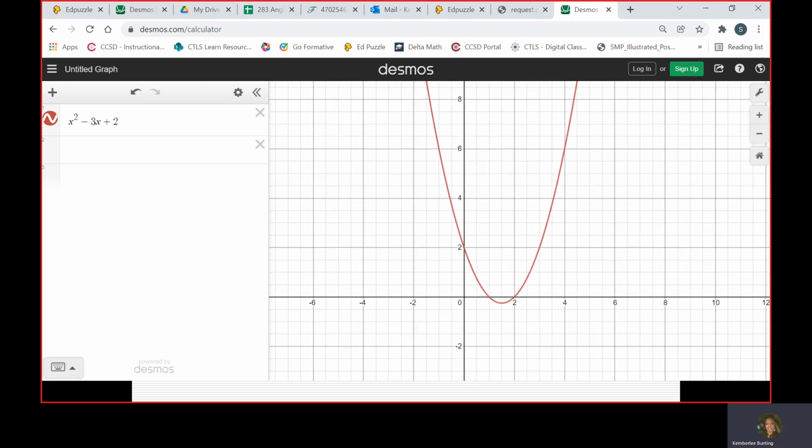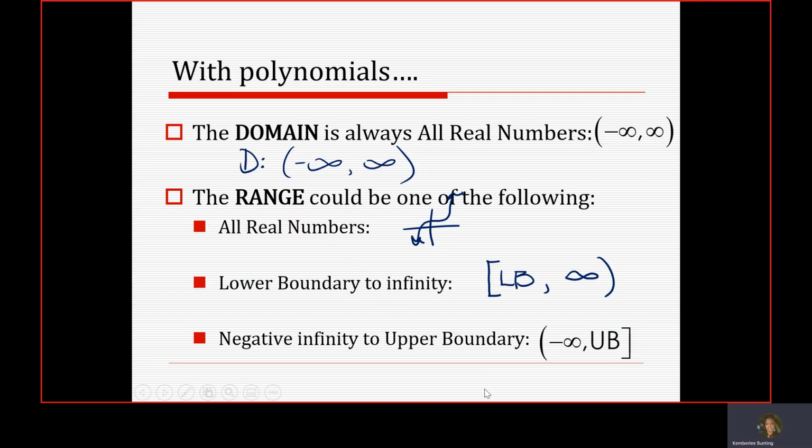Good old-fashioned quadratic, right? You see how it bottoms out at a certain point? Elijah, can you see it? Thanks for looking up. Take your hand off your head. Pick up your pencil, because you need to label this one beside the lower boundary to infinity. It can be any old ugly graph. It doesn't have to be cute.